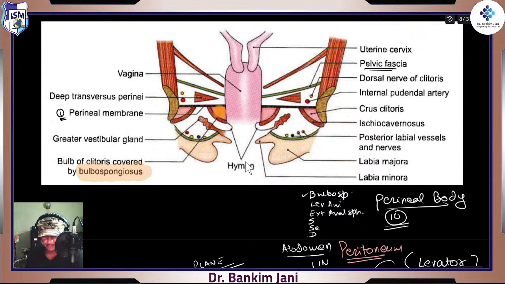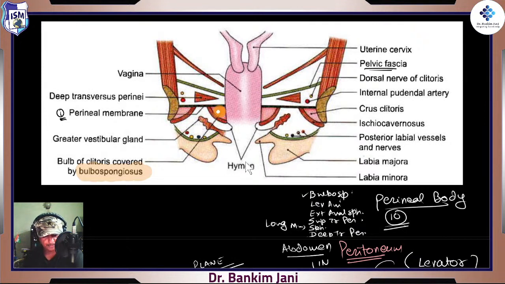All these structures will be crystal clear today. And then there was superficial transverse perineal muscle and the deep transverse perineal, and then a sphincter in the form of longitudinal muscles. So at least this bulbospongiosus, this is where we are watching it.